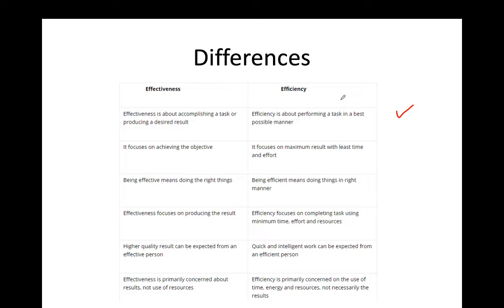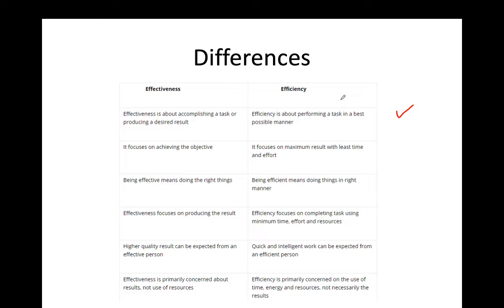Now the third point, being effective means doing the right things, while being efficient means doing things in the right manner. Next point is effectiveness focuses on producing the result. You have to just complete the task. Efficiency focuses on completing the task using minimum time, minimum effort, and minimum resources.